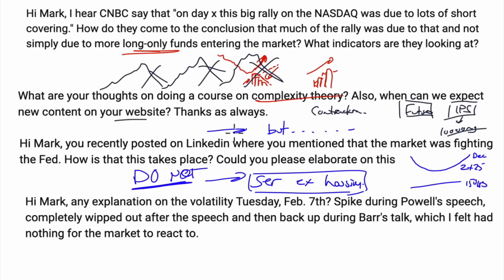All right? And the explanation of the volatility Tuesday, February 7th. You got a lot of algorithms running in the market, and sometimes these algorithms scan text looking for keywords, and then they give a buy or sell rating based on the probability, based on that word having shown up in the past and the outcome that happened because of it.